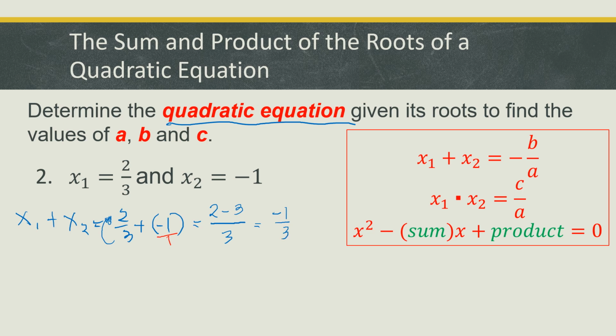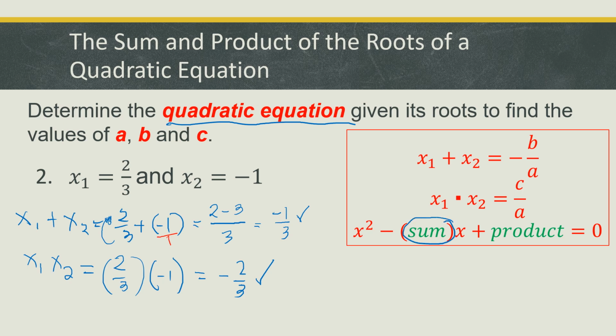And that is the sum of the roots. The product of the roots, x sub 1 times x sub 2, is 2/3 multiplied by negative 1. Simply, we have negative 2/3, and that is the product of the roots.